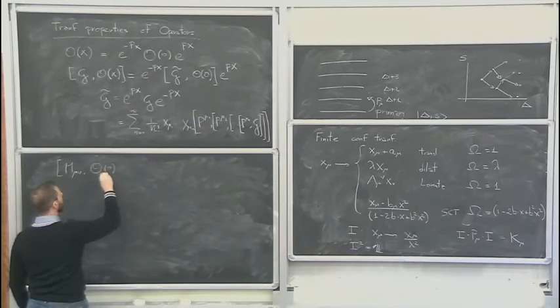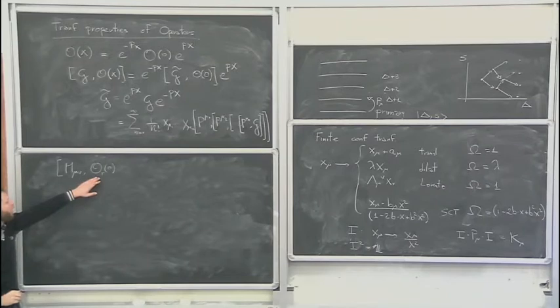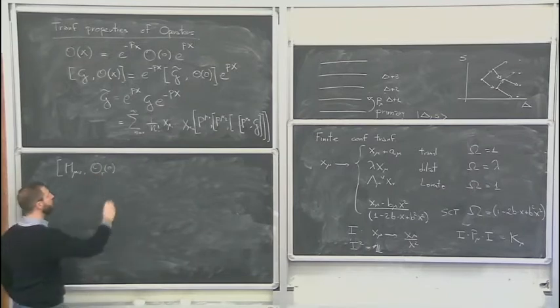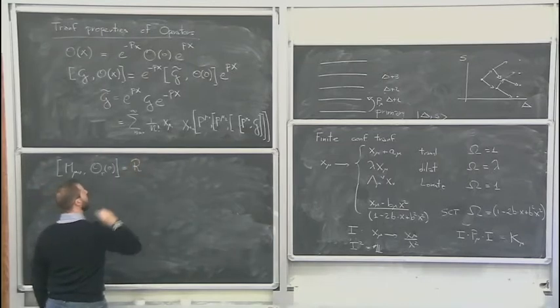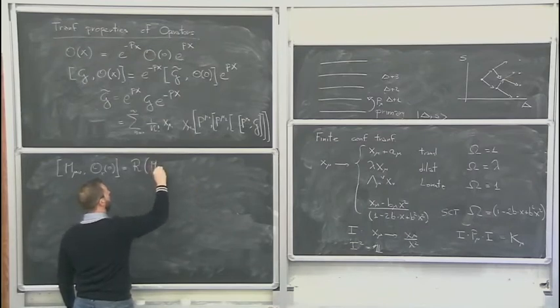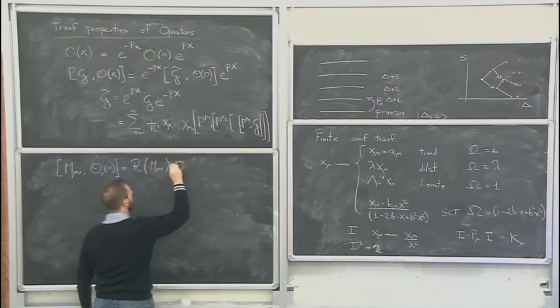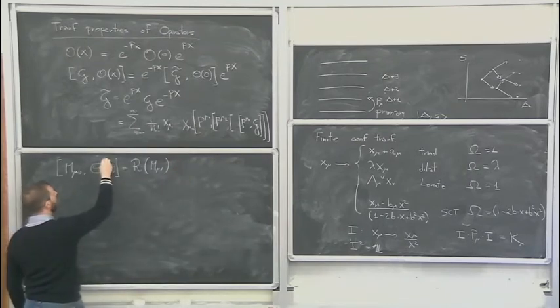Generically, this operator can have indices, so I will call little r the representation of the Lorentz group in which it belongs. So this will be some representation R, with indices, and let me collectively call capital I the indices.